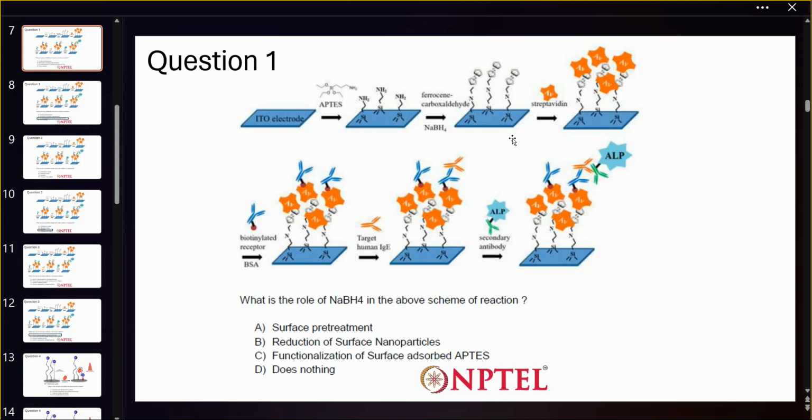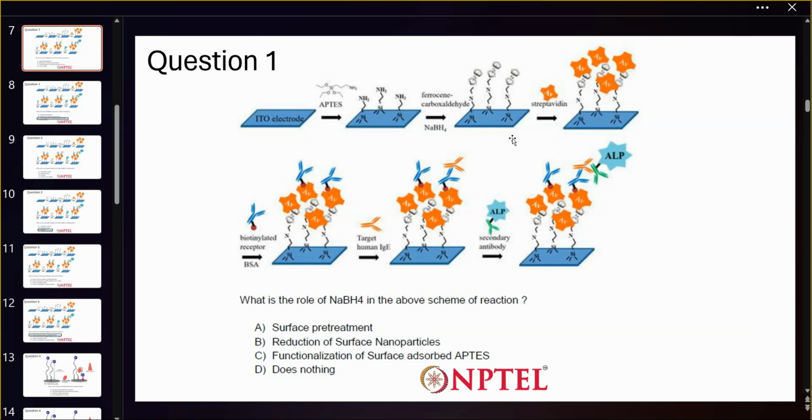Understand why the person is using streptavidin. He activated the surface, he functionalized the surface, he put the protein so that he can put his specific biotinylated antibody. He deposits streptavidin, he deposits the antibody, he gets the target antigen there.